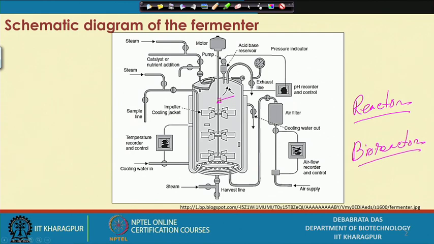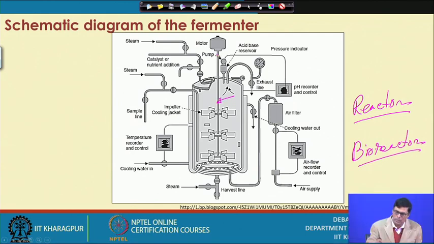Here, this is the agitator shaft, and I told you this should be perfectly straight. In the world there are hardly two or three companies that manufacture this shaft. Now the major problem we have here is the connection between the top of the lid and the shaft, because there we put a mechanical seal.